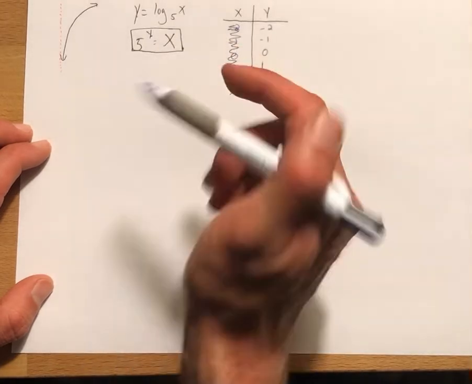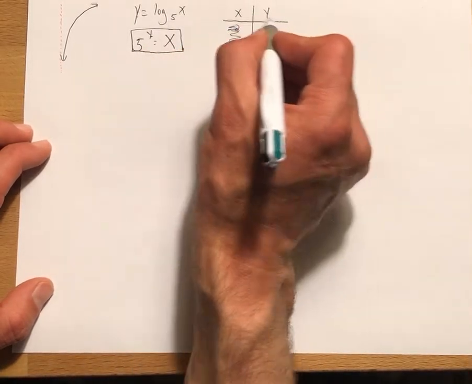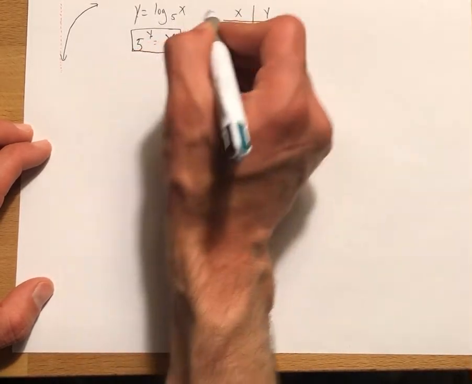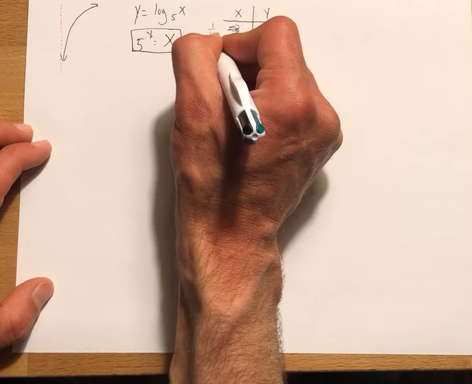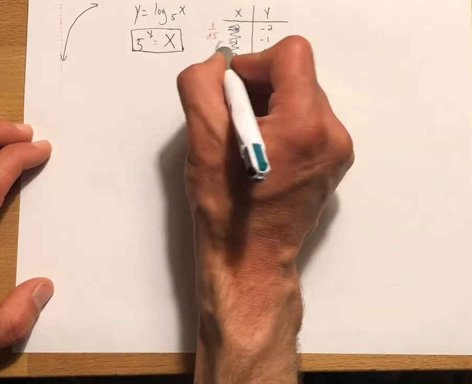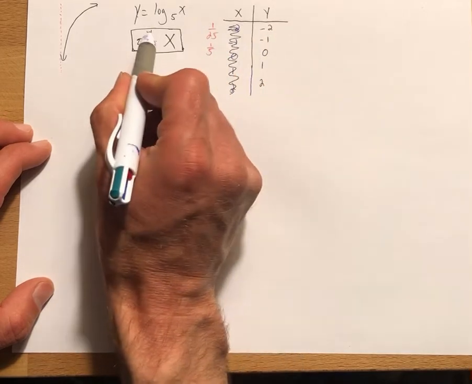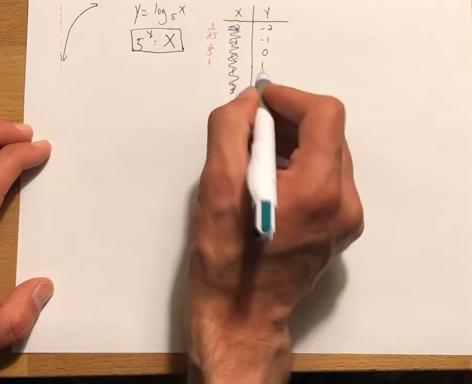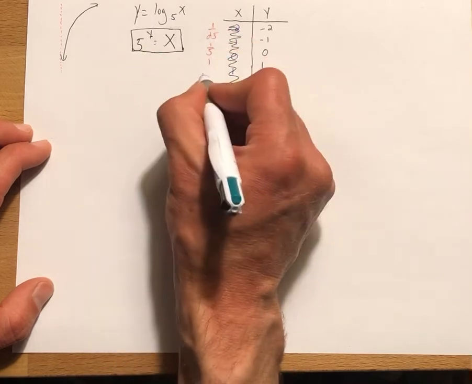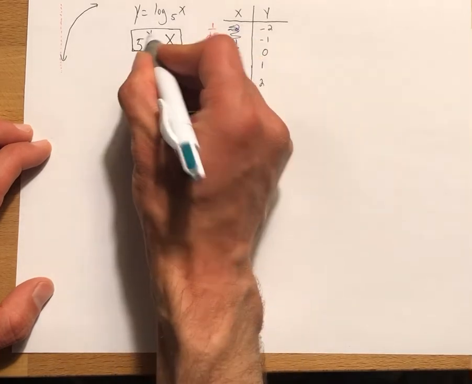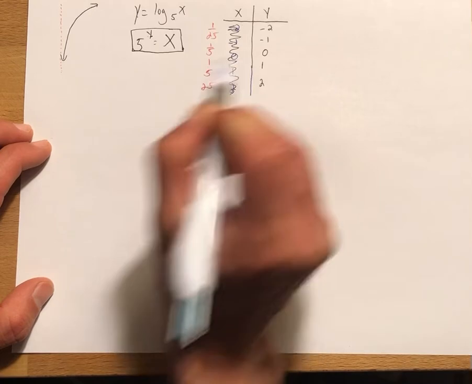So starting off, if I plug in -2, I get 5 to the -2nd, which is 1/25. If I plug in -1, I get 1/5. If I plug in 0, I get 1. If I plug in 1, I get 5. And if I plug in 2, I get 25.